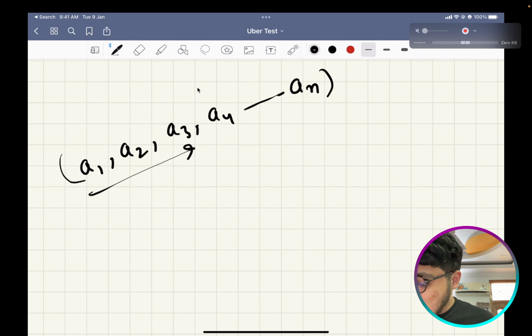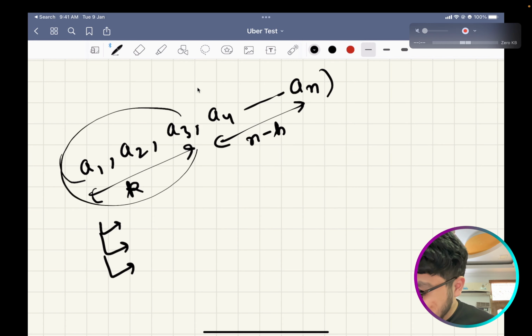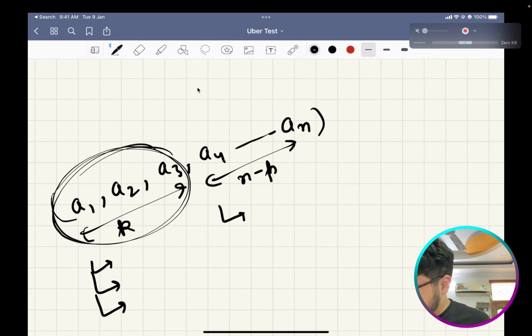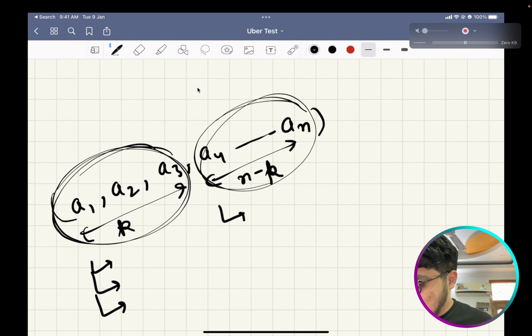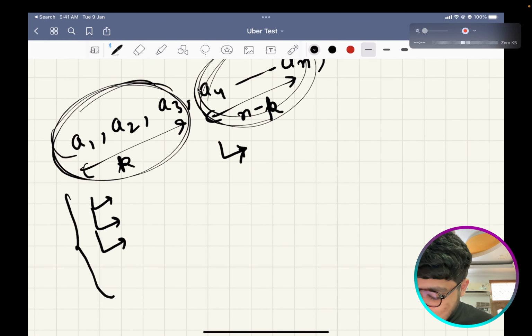So let's say you divide this into two parts, k and n minus k, and you get each subset sum which is possible from these k elements, and similarly you get all those subset sums which are possible from these n minus k elements, right? And now you will iterate over these sums.